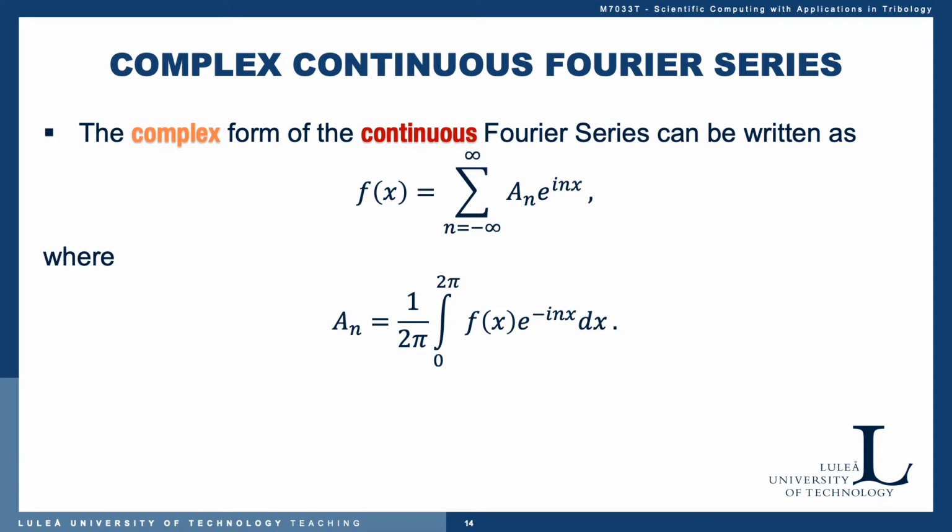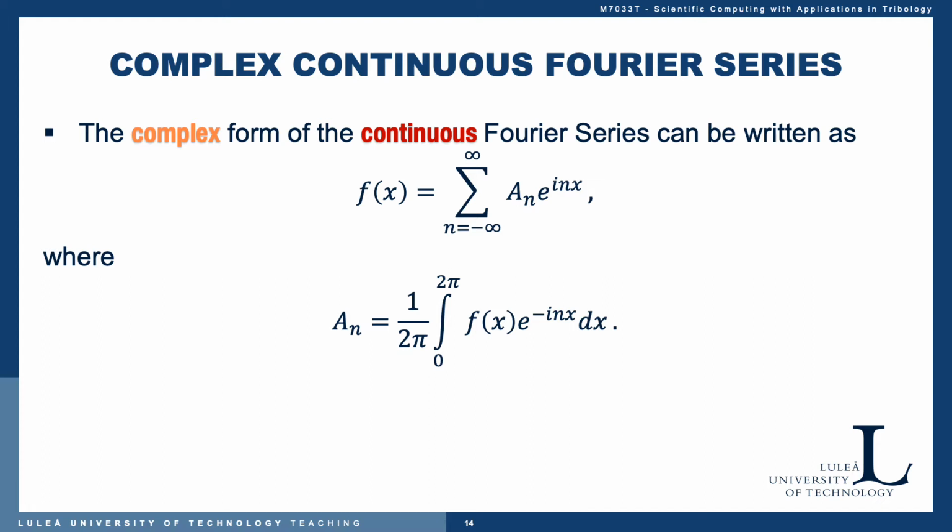Instead of representing the function f of x in terms of cosines and sines, we use de Moivre's formula and represent it by a complex coefficient capital An times e to the power i n x.